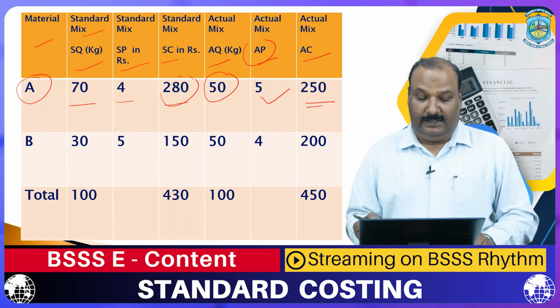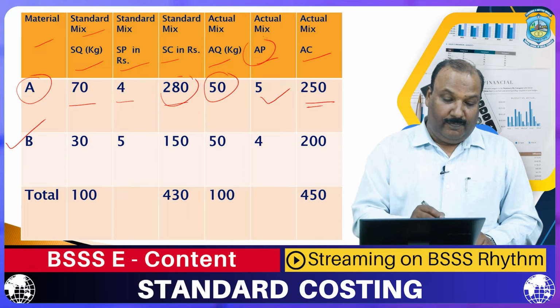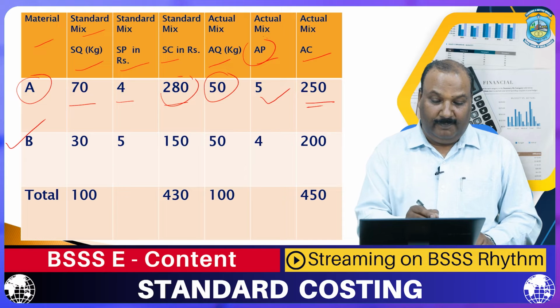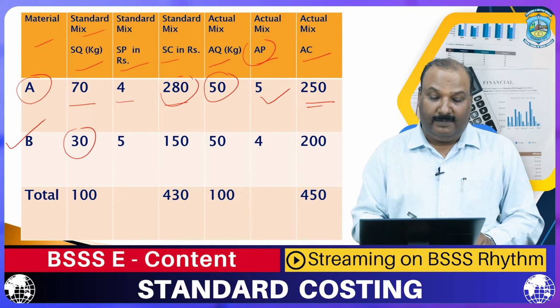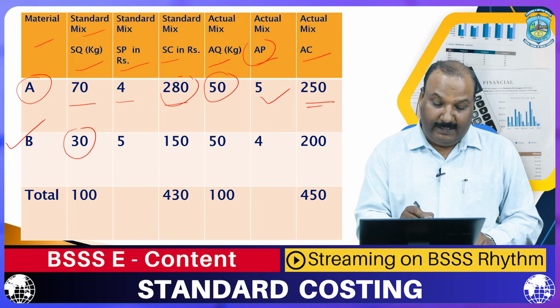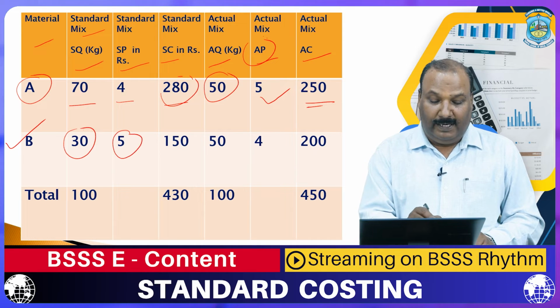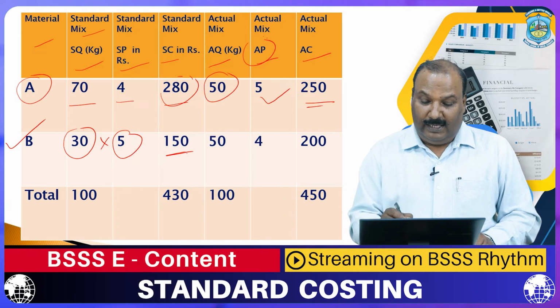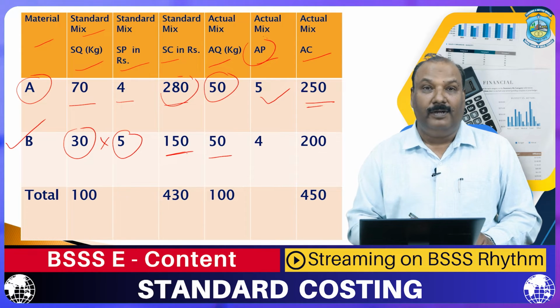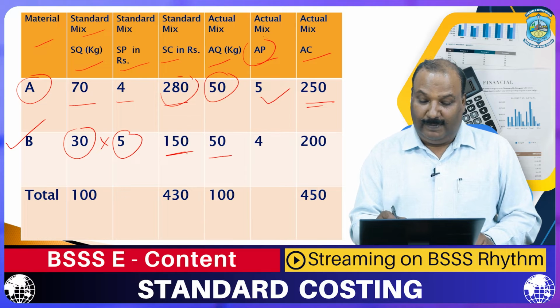Whereas material B is concerned, standard quantity is 30 kilograms, standard price is rupees 5, 30 multiplied by 5, the amount will be 150. Now the actual quantity is 50 kilograms, actual price is rupees 4, 4 multiplied by 50, the amount will be 200 rupees.